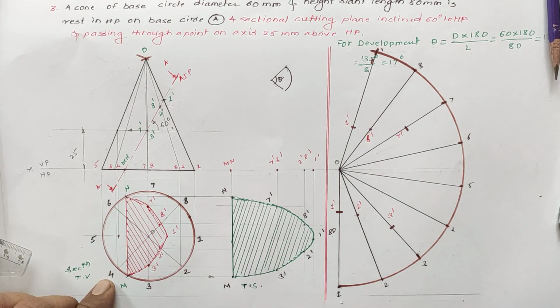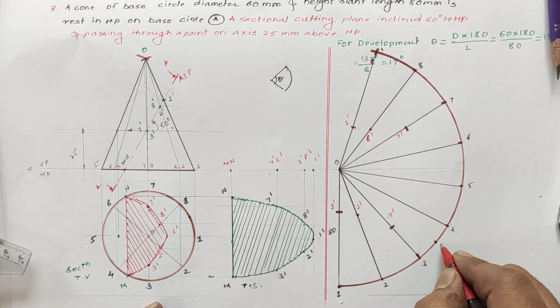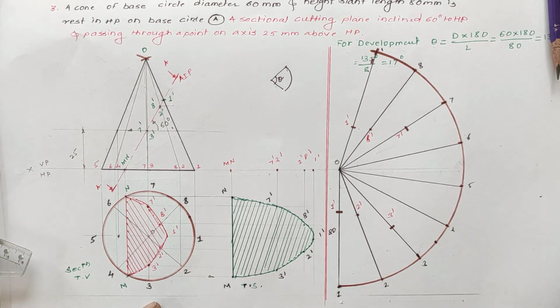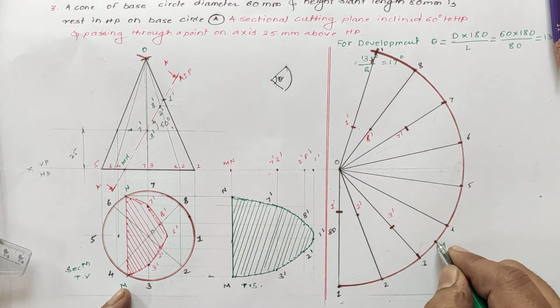that are present in between 3 and 4, take this distance in compass 3 to M, in between 3 and 4 we get the base points. This is point M nearer to 3.